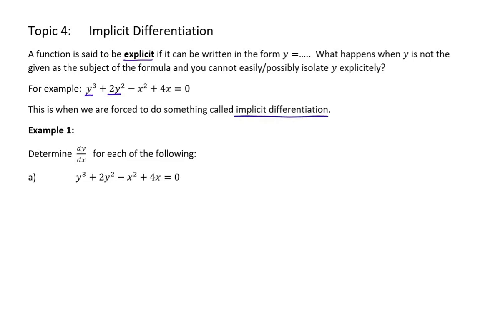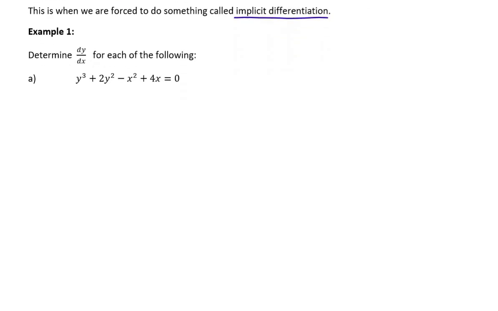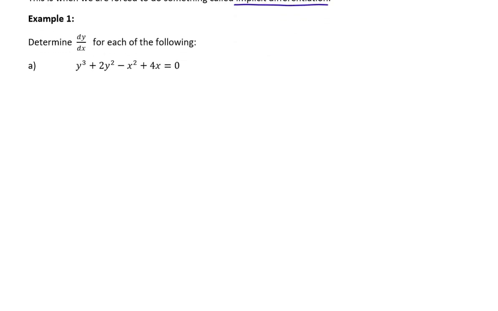So let's do an example, and I'll explain this as we go. In example 1, it says this exact example I gave in the introduction. How could I possibly differentiate this? Now the whole premise of implicit differentiation is you have to assume that y is equal to something and you don't know what.